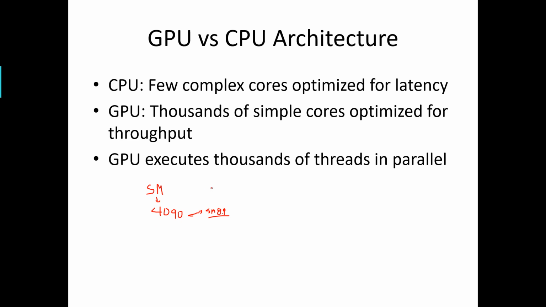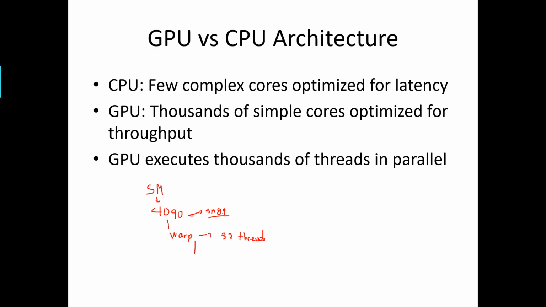And then in these complex cores, we have a warp, which is basically 32 threads. They work as a group of threads in the core executing instructions in parallel.